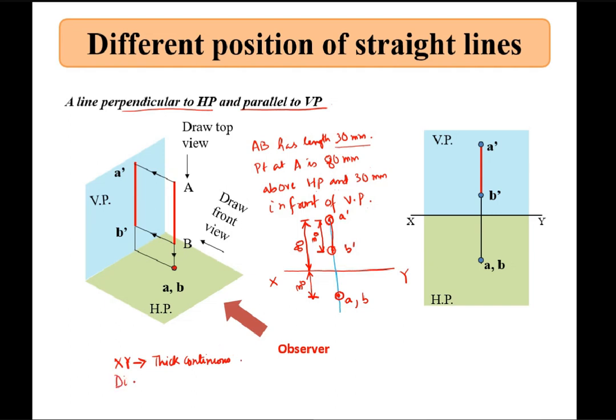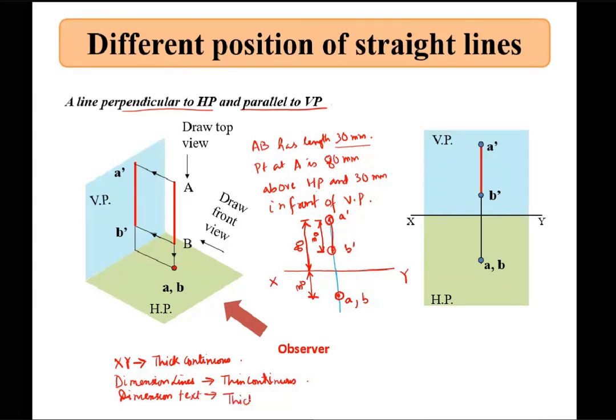Dimension lines, they will be thin continuous. Dimension text, that will be thick using HB pencil. This is 2H pencil. This is HB pencil. Right?